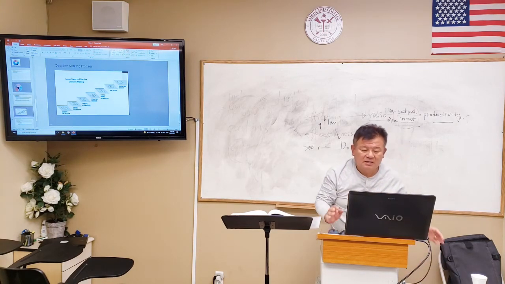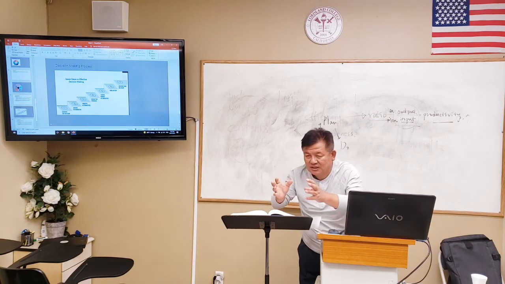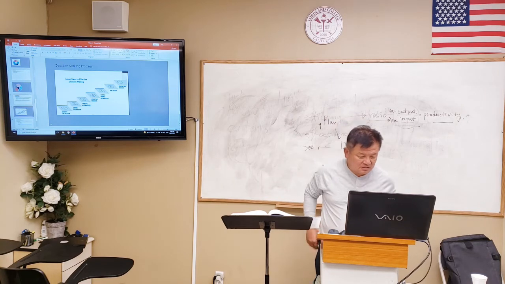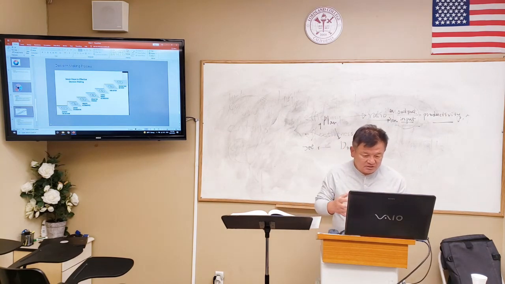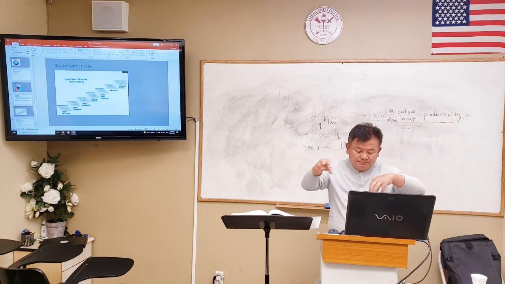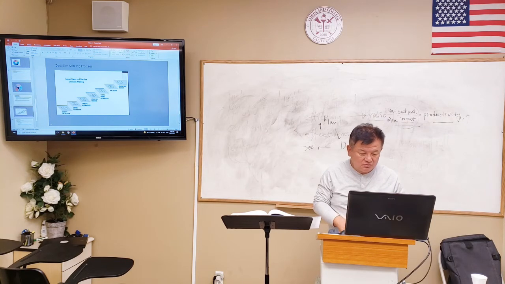Okay, identify the decision, and then the next step is gather information related to the decision. And the next step is identify alternatives. Alternatives is choice, some kind of choice through the information or data.